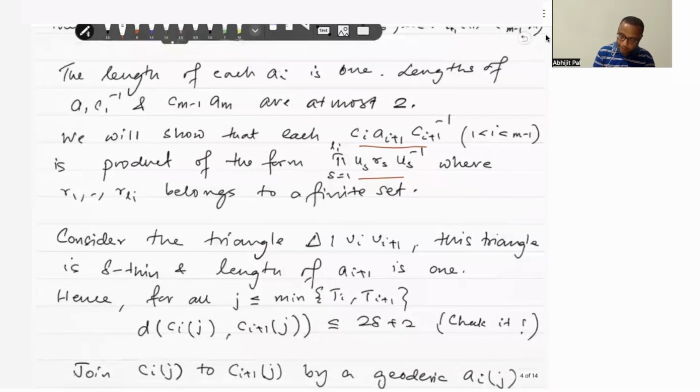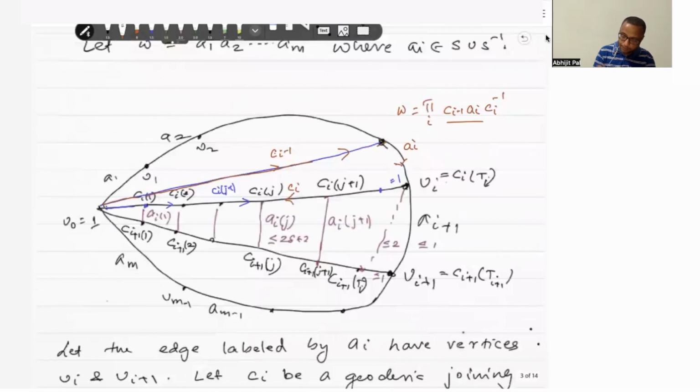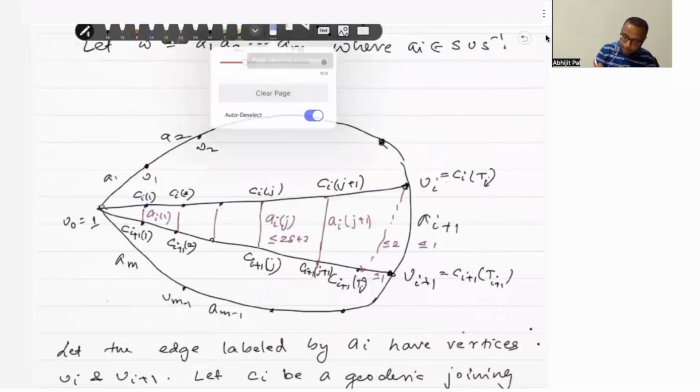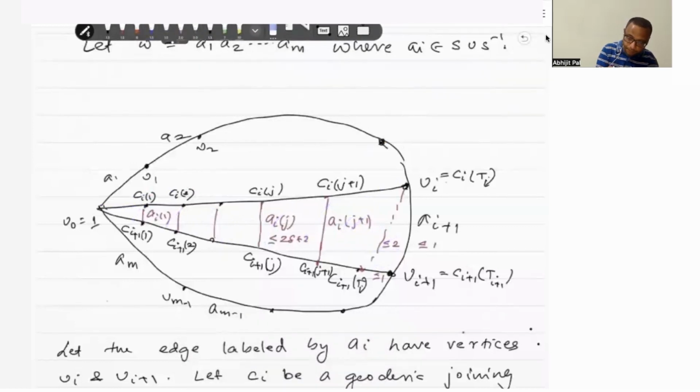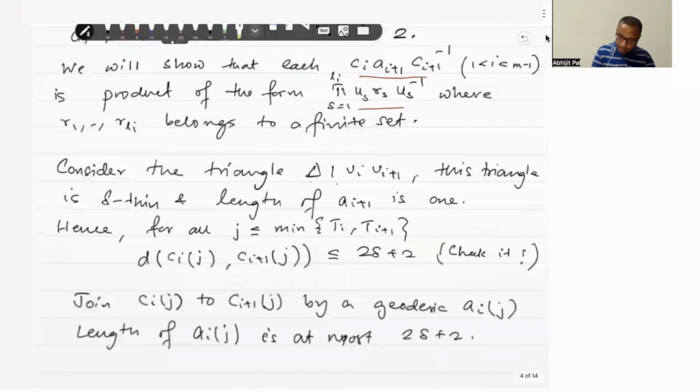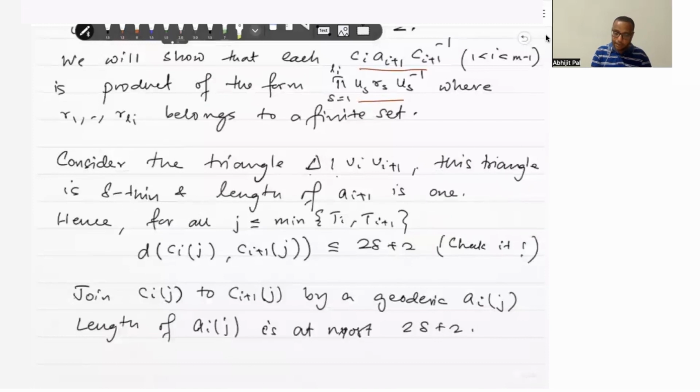So now consider the triangle 1, Vi, Vi plus 1. This is my triangle. This triangle is delta thin, and the length of Ai plus 1 is 1.